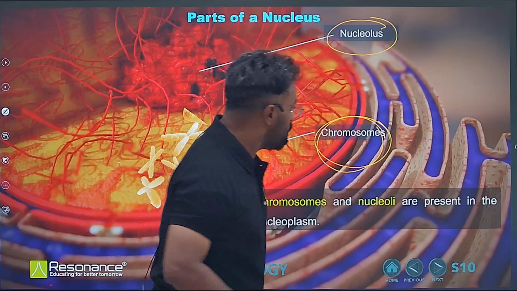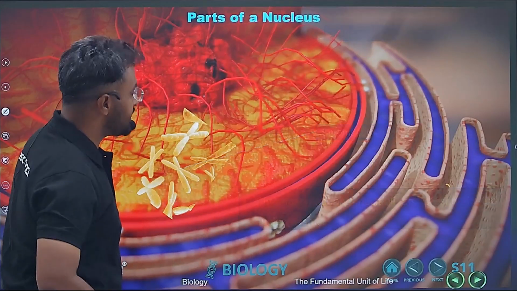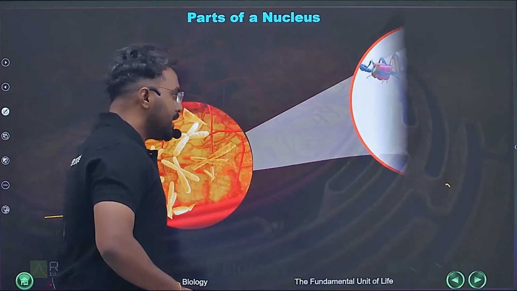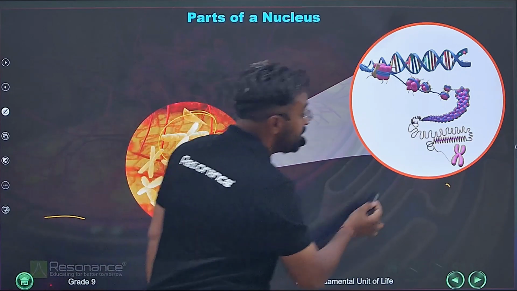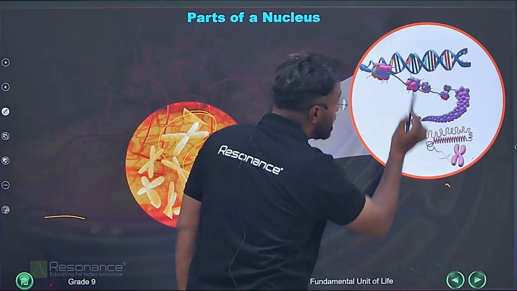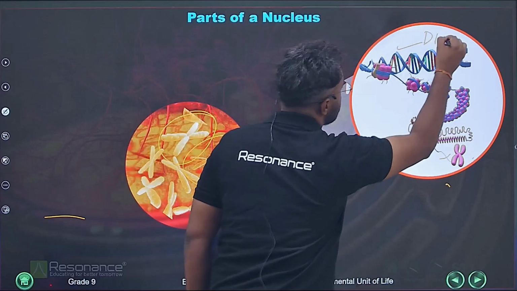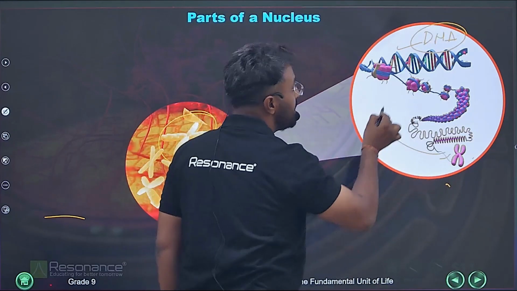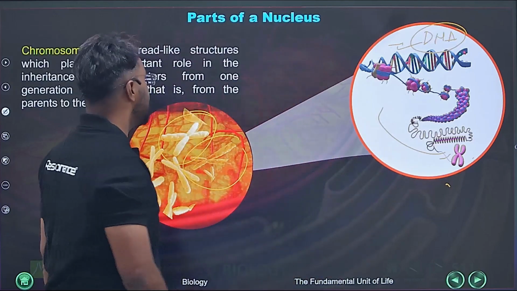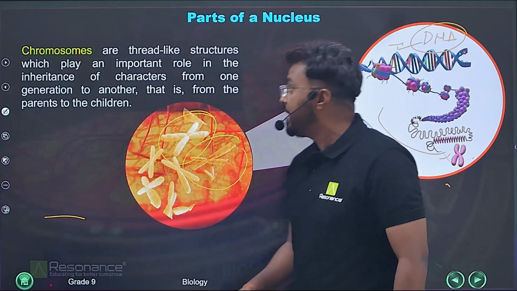organism. Now moving on, if you zoom into this chromosome, you will find that it leads to a structure called DNA. Suppose you have a rope and you unwind it, you will ultimately arrive at a structure called DNA.